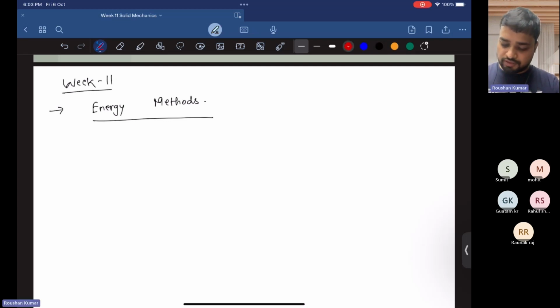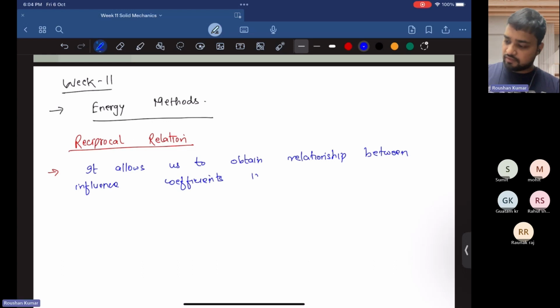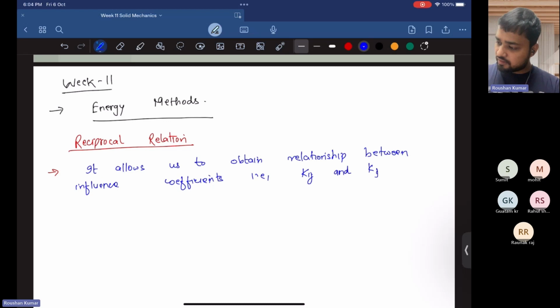The reciprocal relation allows us to obtain the relationship between the influence coefficients, that is Kij and Kji. Okay.